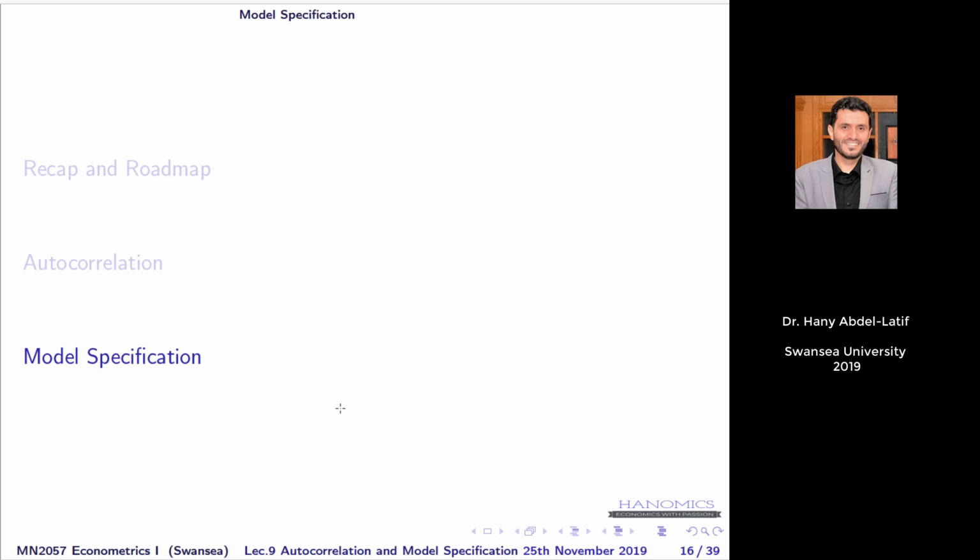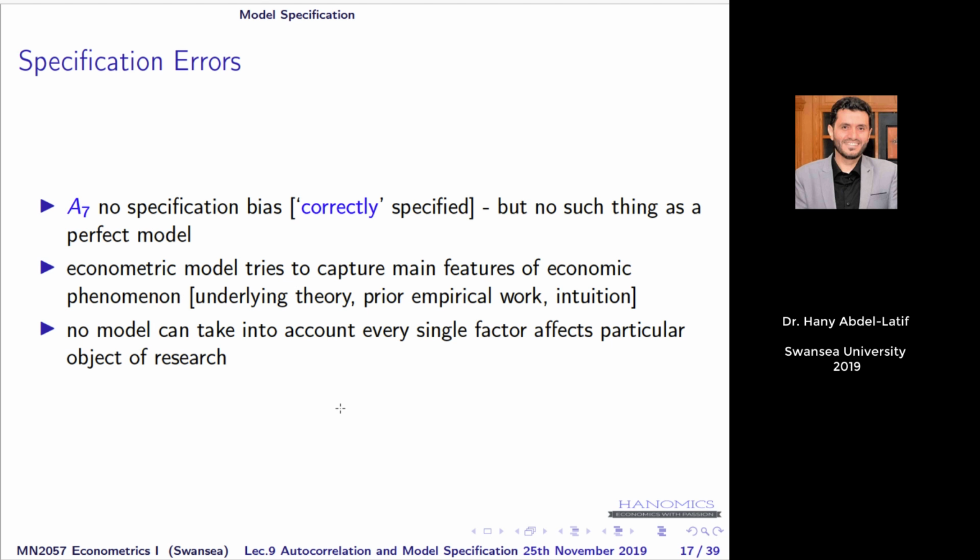Okay, so in this part of the lecture, one of the assumptions we made is no specification errors. That's assumption number 7. What do we mean by that? No specification errors. In a regression model, you have a dependent variable that you want to explain the behavior of, and you say it depends on a number of other variables.